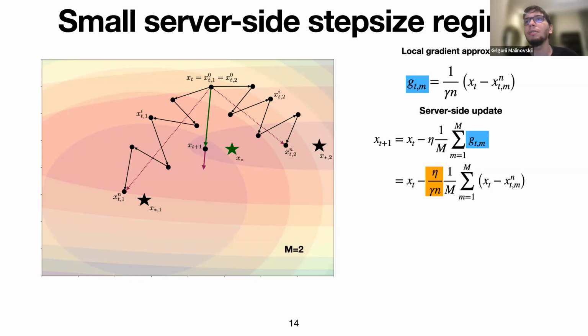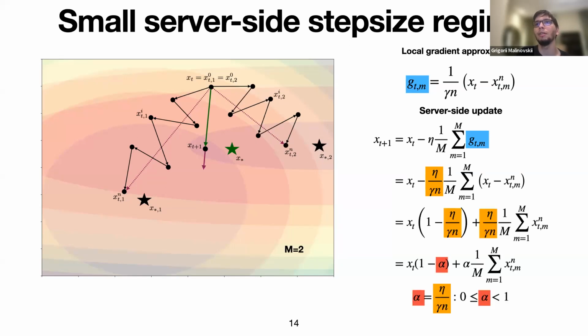And if we rewrite this update rule in specific form, like here, we can observe that if eta divided by gamma n is less than or equal to 1, basically we have just a convex combination of 2 points.